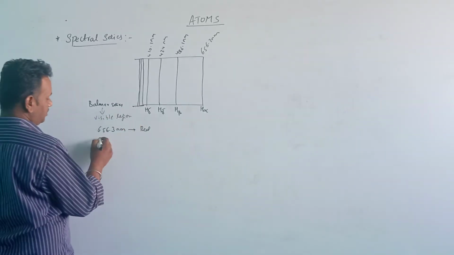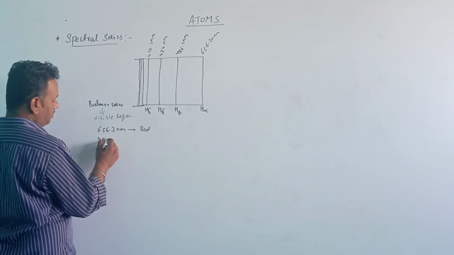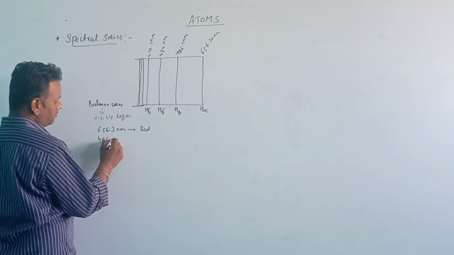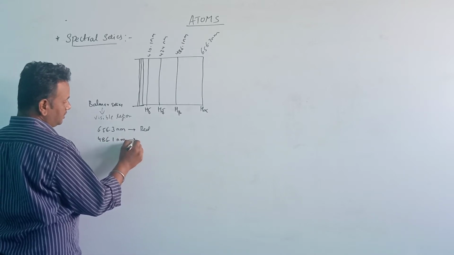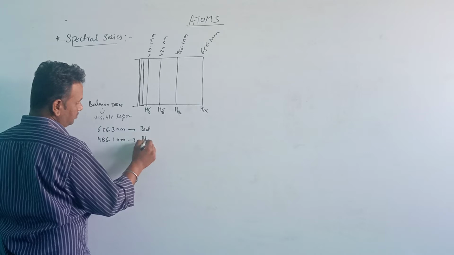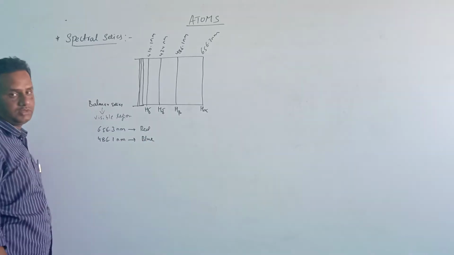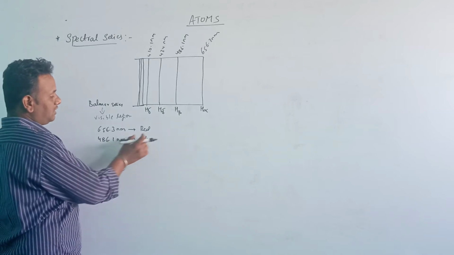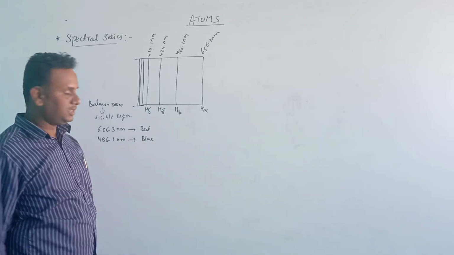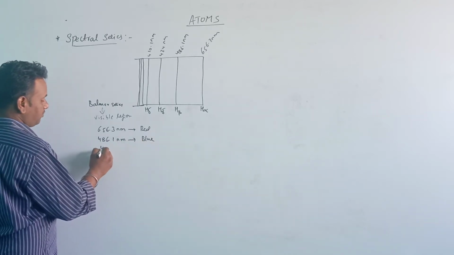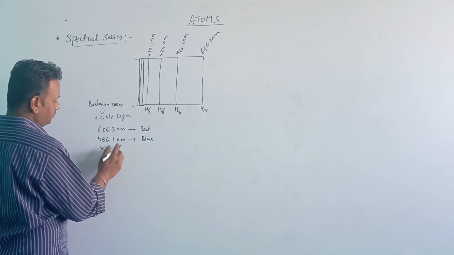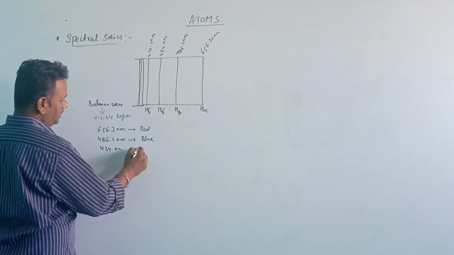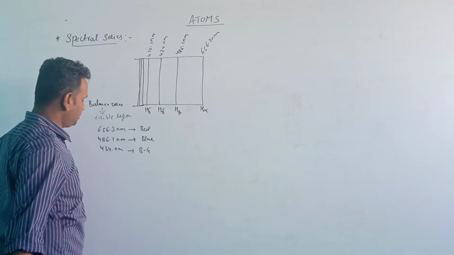Next, 486.1 nanometer is blue. Next, 434 nanometer is blue green.